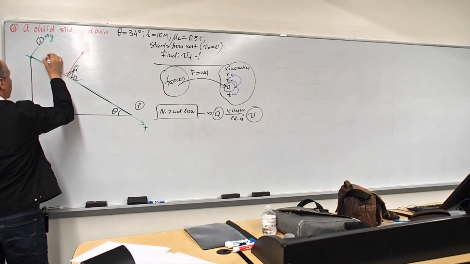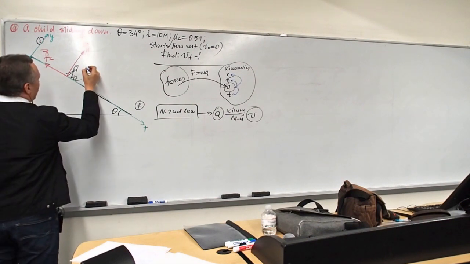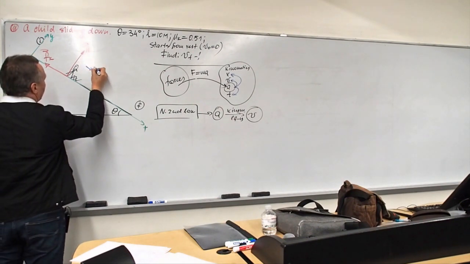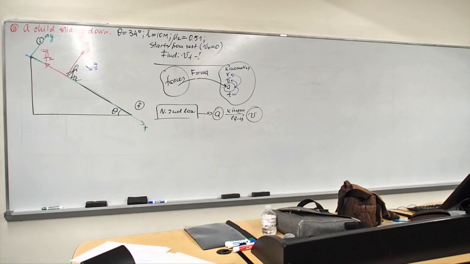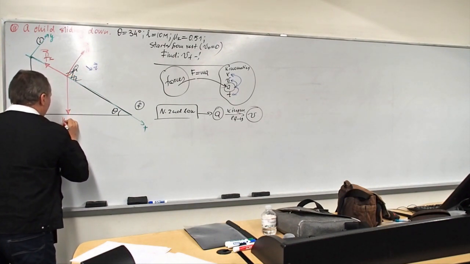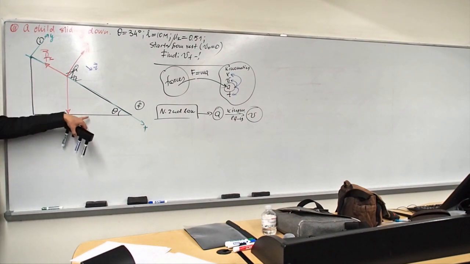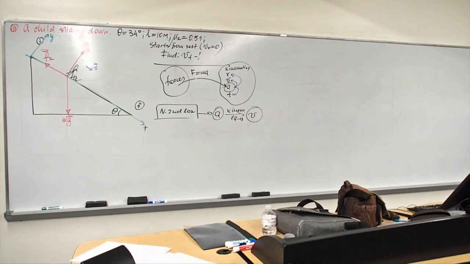So this is F kinetic. Again, the reason is because it's sliding down, so velocity is down. And, of course, ubiquitous gravity, mg. On purpose, I usually just draw it to this bottom line in order to then have nice triangles in order to discuss angles.